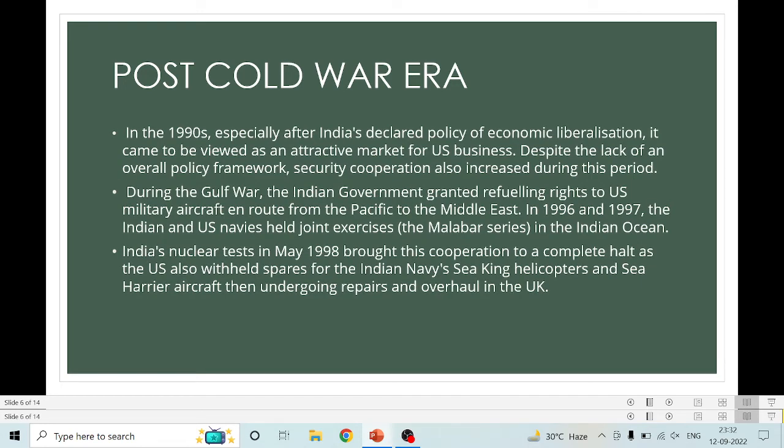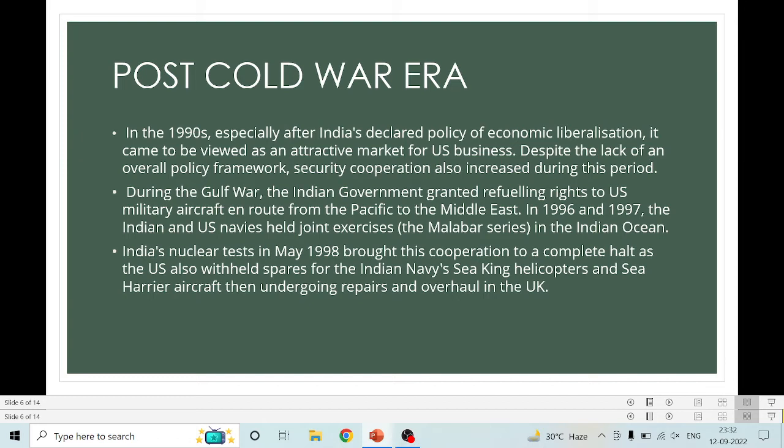Then in the 1990s, with the announcing of liberalization policy, many United States companies like Pepsi, Coca-Cola, and so many others, you name it, started rushing to the Indian market, or started capturing the Indian market at that point of time. Then during the Gulf War, India supported refueling rights to US military aircraft, and this was the beginning of growing defense ties.